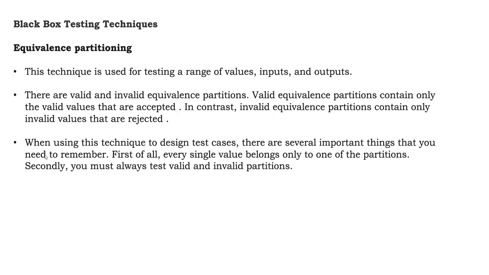Basically, you can consider a text box, for example, age. Age is a text box where you have to enter a value from the range 1 to 100. So here it should accept the values which come within 100, suppose 20, or 40, or 50. Those come in the valid range of values.